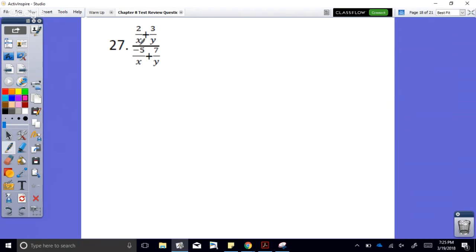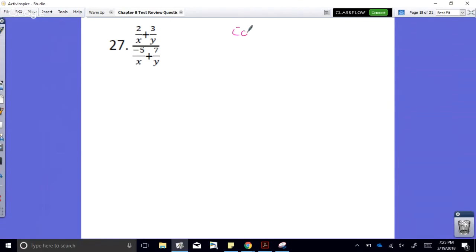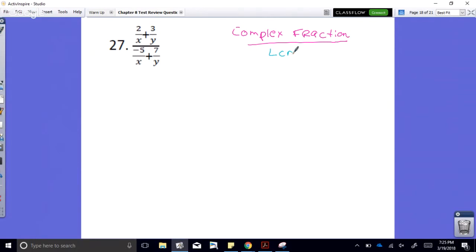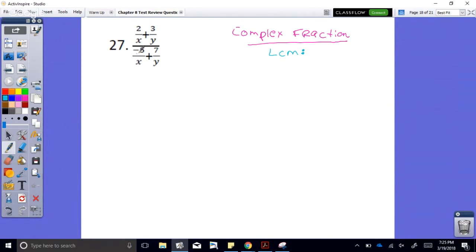And 27 was one of our complex fraction problems. Okay, complex fractions, we said we are still going to find the LCM, but of the baby denominators. So if you look, we've got 4 small fractions that create this one big fraction.